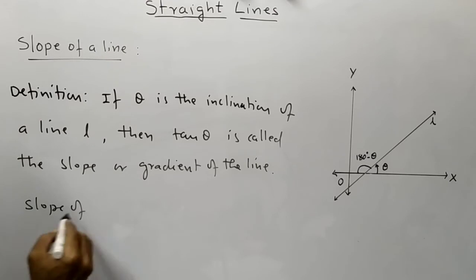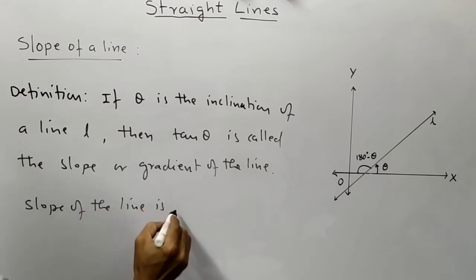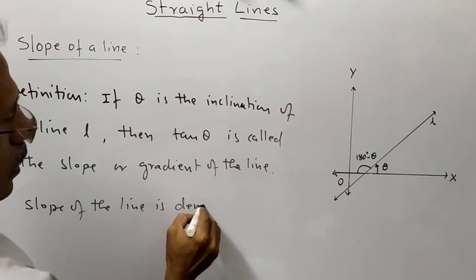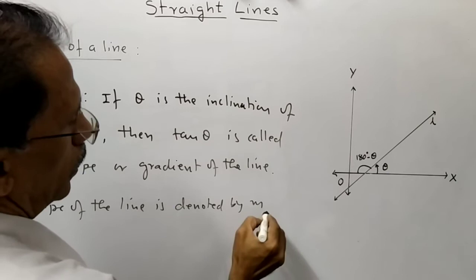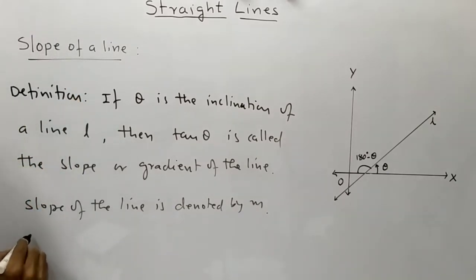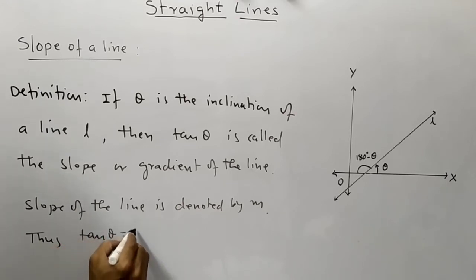Slope of the line is denoted by small letter m. Thus, tan theta is equal to m.